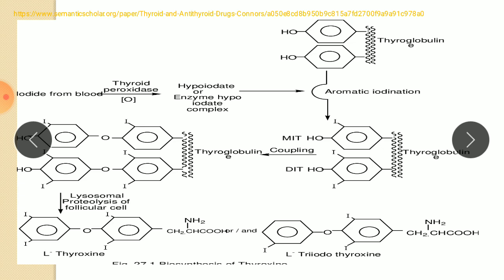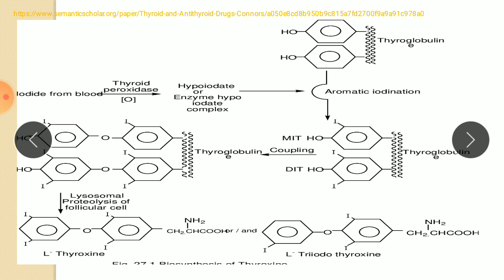It causes the oxidation of iodide into a high oxidation state anion, that is hypoiodate, also called enzyme-linked iodate or hypoiodous acid. So this form of iodine is the active form, or higher oxidation state form of iodine.